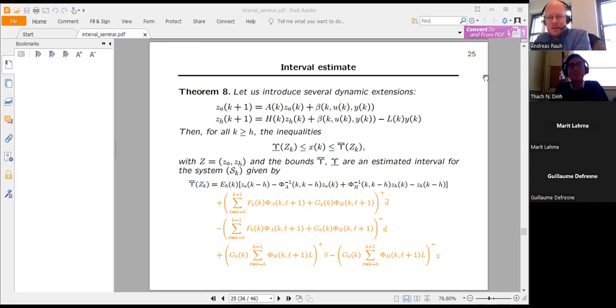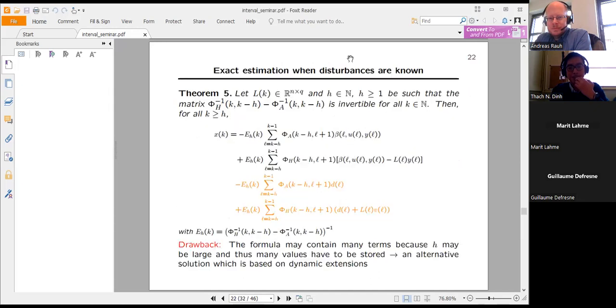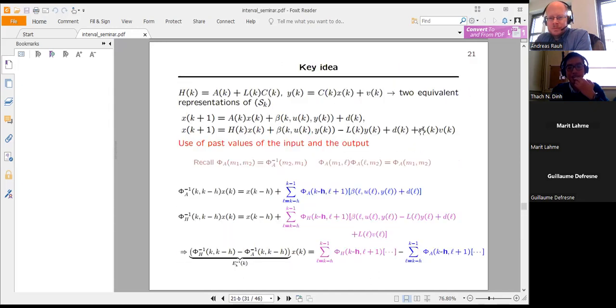Very interesting, but the problem is that for this design, it becomes quite restrictive on this point, because if the nonlinear part depends on the unmeasured part, we cannot have this kind of thing.